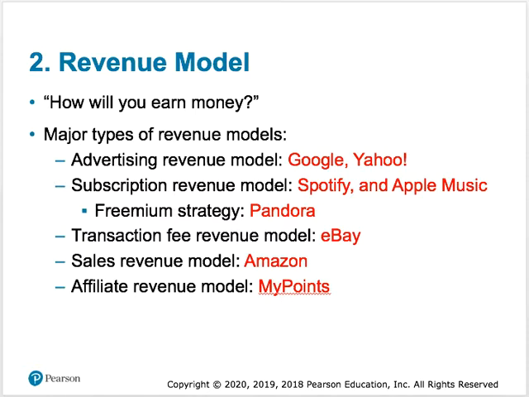Another type of revenue model is the transaction fee revenue model. eBay provides the transaction fee revenue model, and eBay gets the transaction fee from successful transactions, and Lazada also charges a transaction fee.